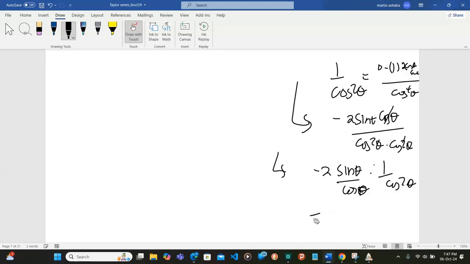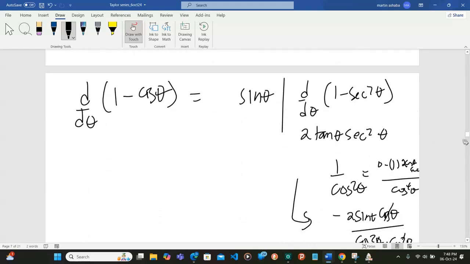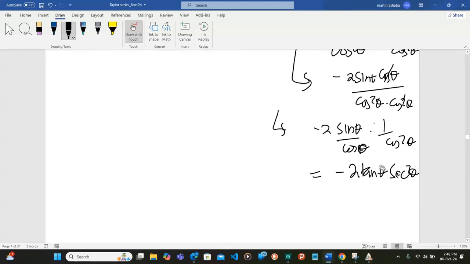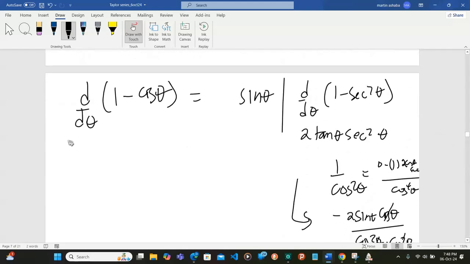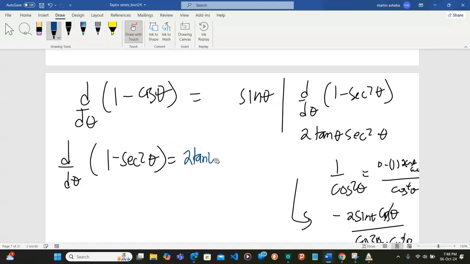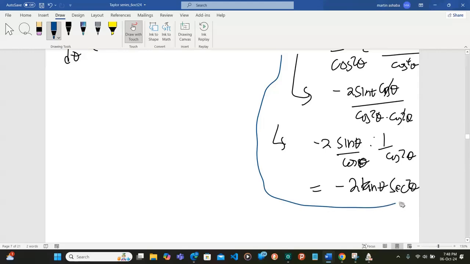So this becomes negative 2 tan theta sec squared theta. But you remember, when you differentiated this, there was a negative 1, so that negative will multiply with that negative and it will go. So d by d theta of 1 minus sec squared theta would be 2 tan theta sec squared theta. So that was side work.